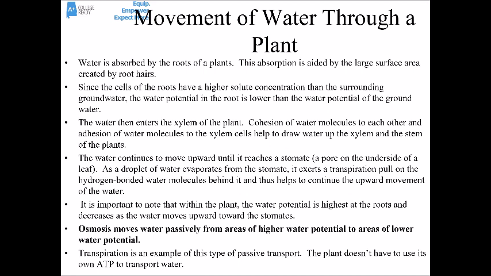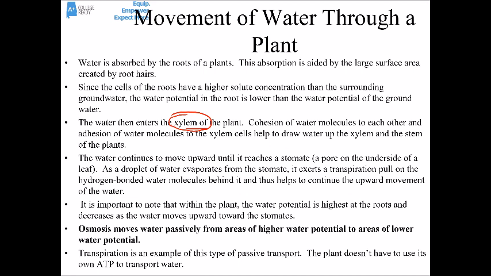Eventually it goes into the xylem, the water conducting tissues of the plant. The water molecules stick together through cohesion, and they stick to the xylem through adhesion because of their polarity. And this helps to draw the water up the xylem and up the stem of the plant. The water continues to move upward until it reaches a stomate, a little pore usually on the underside of a leaf.